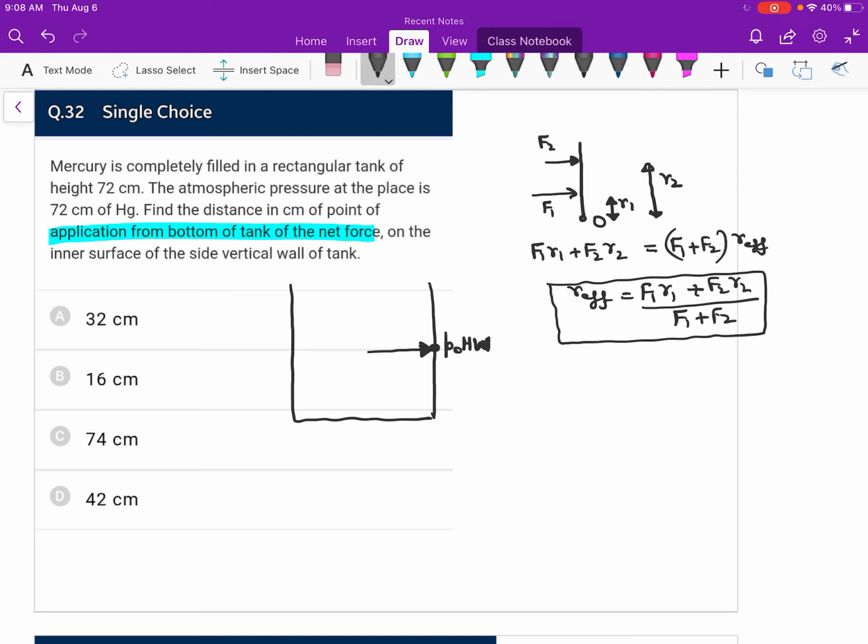Area is HW, so P naught into HW, and this is acting just halfway, so at H by 2.